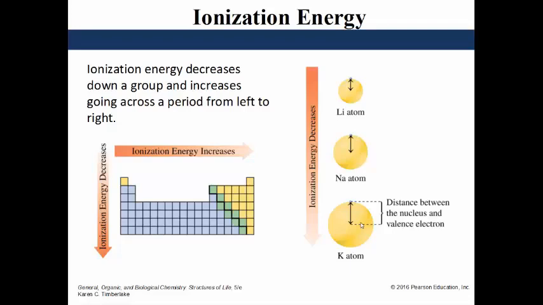The energy you would need to take away this electron would be less than here and less than here. This is really, really close to the nucleus, so pulling away this lithium electron would take a lot more energy compared to potassium, because that's further away. Not that much, a little bit more, a lot more. All due to the distance between the electron and the nucleus. The closer it is, the more energy you need.